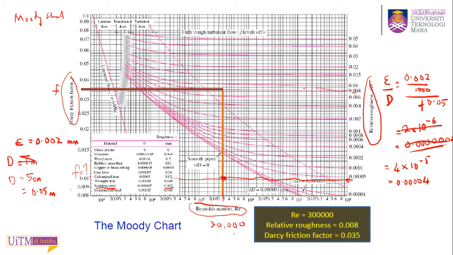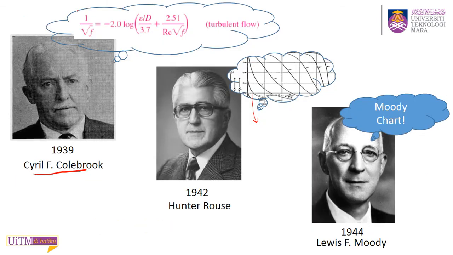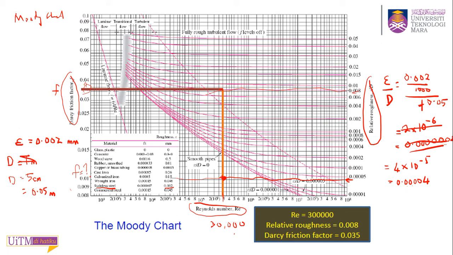They draw another line here, and from the intersection they draw to the end, and there they get the friction factor for this flow. So that's how you use the Moody chart to determine the friction factor. We don't have to use this long equation, which is too messy. You can just determine the friction factor using the Moody chart. It is much simpler and easier.